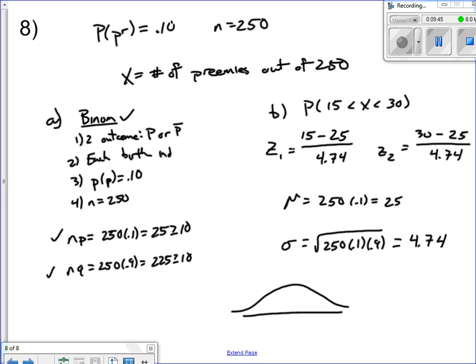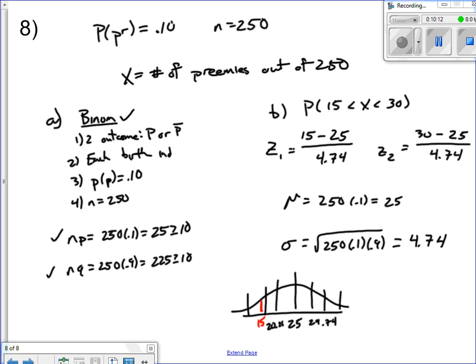Quick look at a normal curve if you want. This thing is going to be centered at 25. So this is 29.74, and this is 20.26. So we're going from 15 to 30. 15 is actually just below 2 standard deviations.